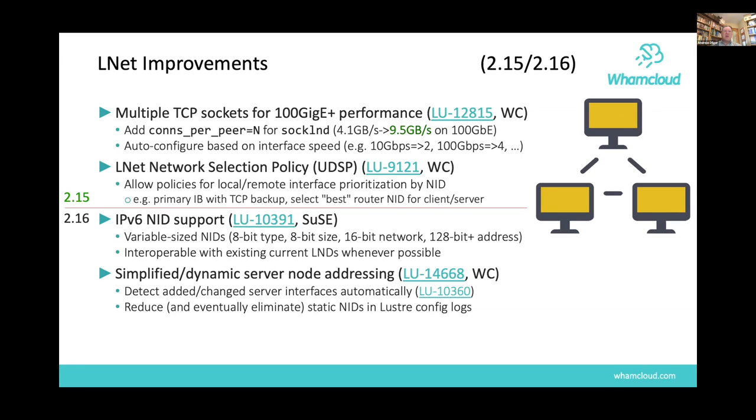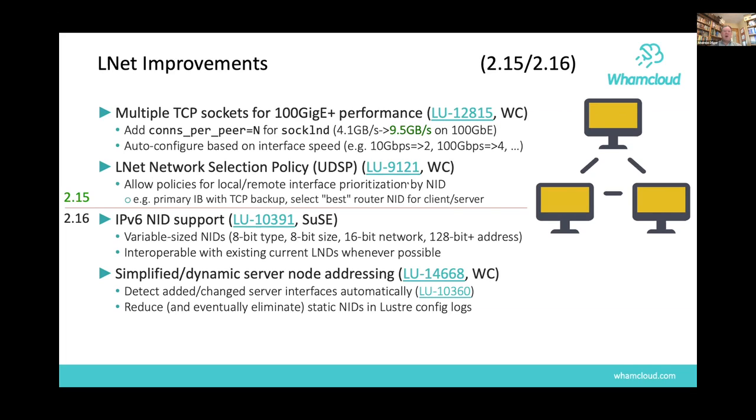And this is actually being auto-tuned now so that you get a pretty good performance, 100 gigabit NICs and 200 gigabit NICs to 4 connections per peer by default. And that improves the performance quite significantly. As you can see, almost double the performance.